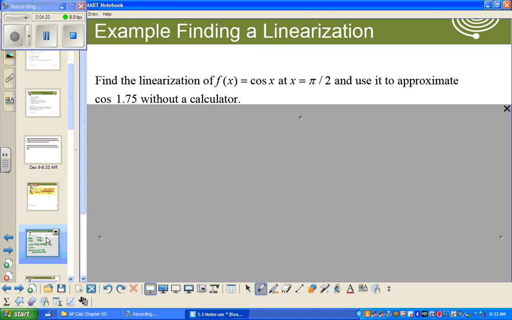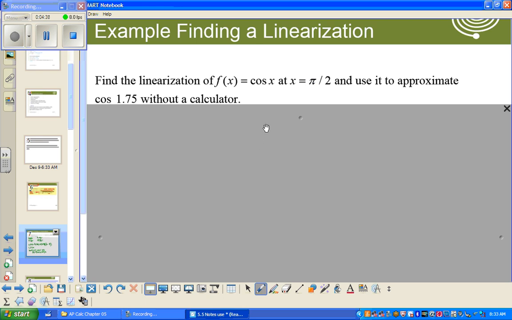So if we are asked to find the linearization of f of x equals cosine x at x equals pi over 2, and use it to approximate cosine of 1.75 without a calculator, what we're going to do is find the equation of our tangent line.